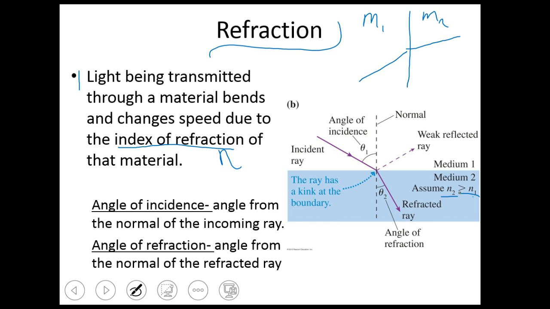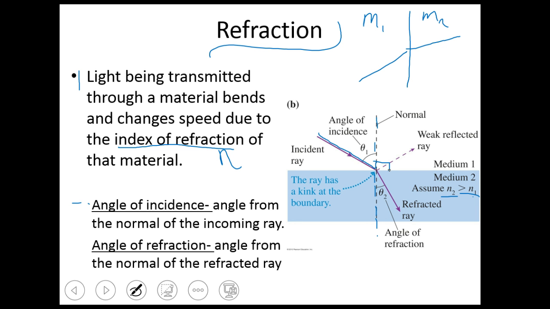It's an inherent characteristic that doesn't change; it's a constant value. We also talk about the angle of incidence. When we have an incoming ray, we still have a normal that's perpendicular to both surfaces. The only difference now is that it goes all the way through, from one surface to another, so this still forms a right angle.